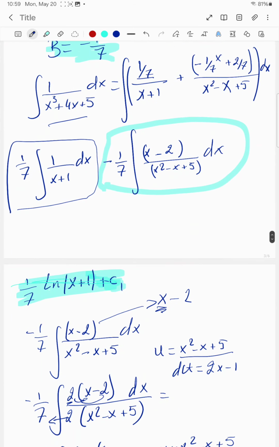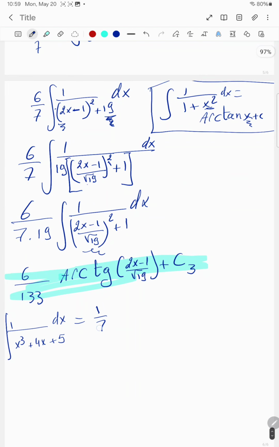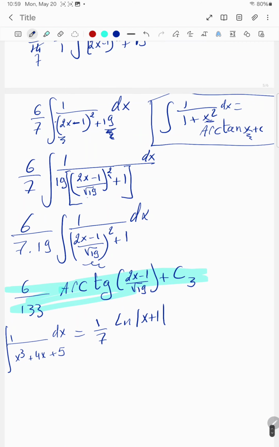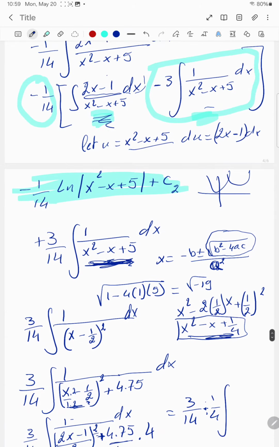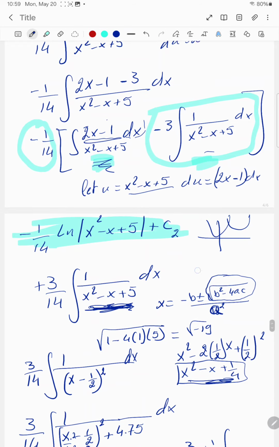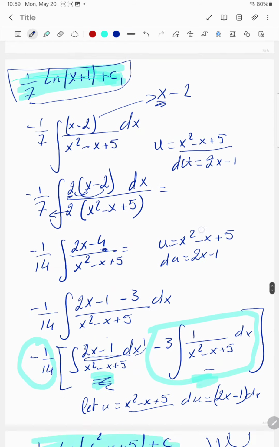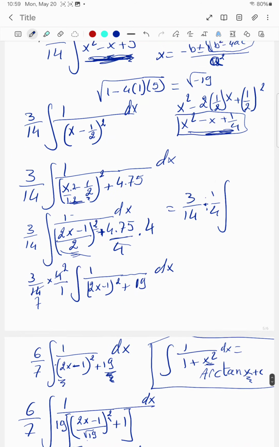It was this 1 over 7 ln of x plus 1, I will add the c at the end, plus the second integral that we solved was this, yes. So minus 1 over 14 ln of x squared minus x plus 5.